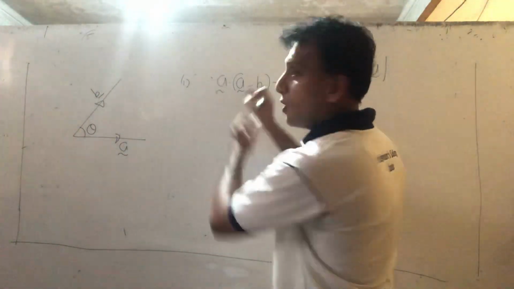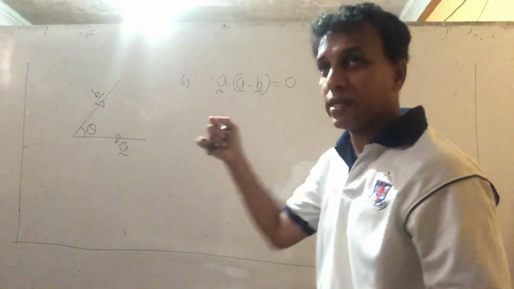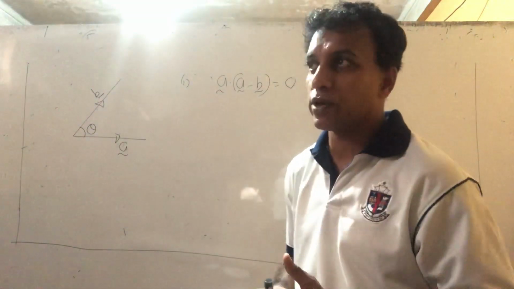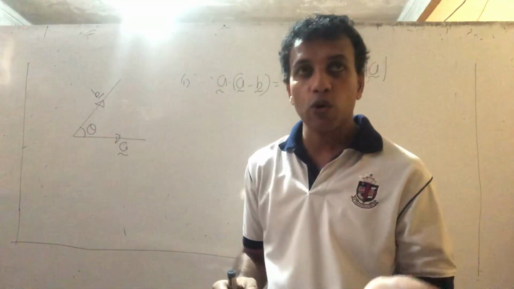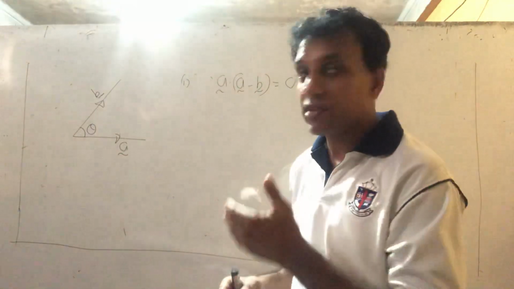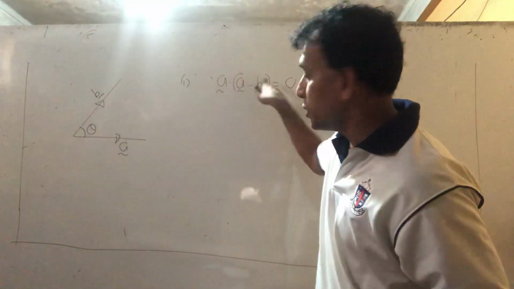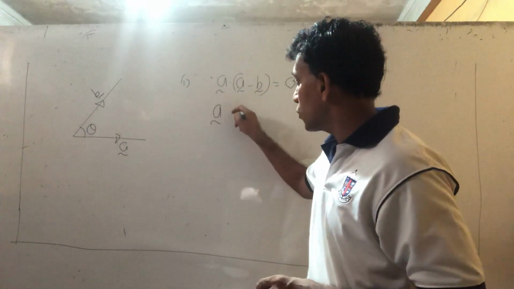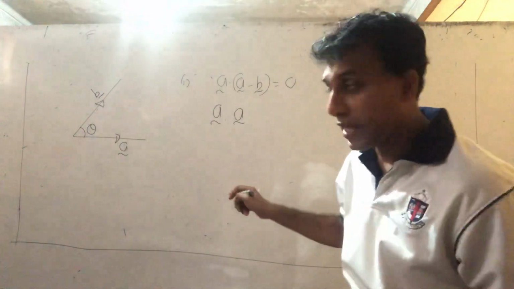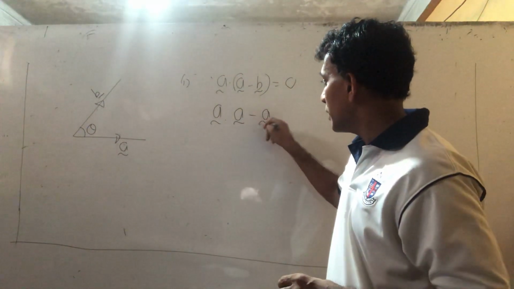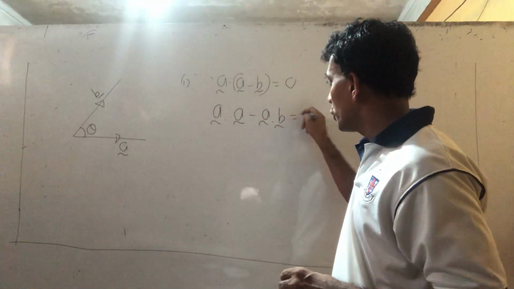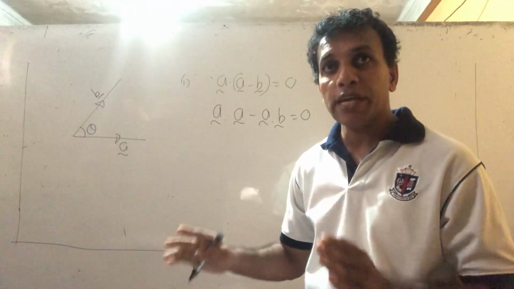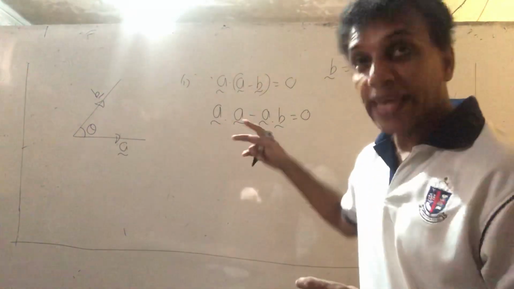Here we first simplify this dot product by multiplying out. The dot product obeys the ordinary rules of algebra, such as the associative and commutative laws. So multiplying out, A dot A minus A dot B equals 0. You know A dot B is mod A mod B cos theta. What is A dot A then?